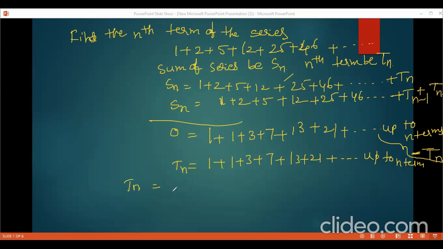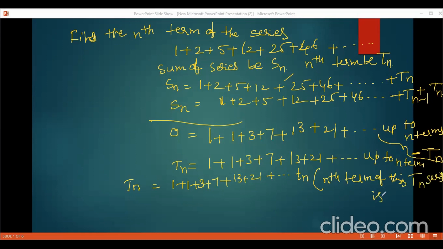So can I divide this as 1 plus 1 plus 3 plus 7 plus 13 plus 21 plus so on, where the nth term of this series is Tn. Okay.